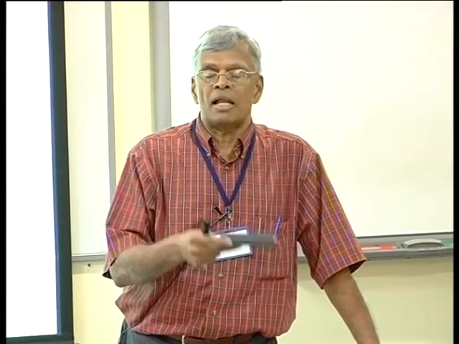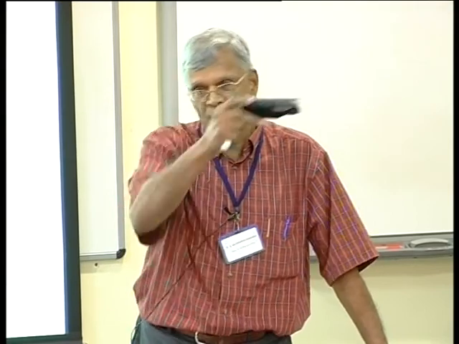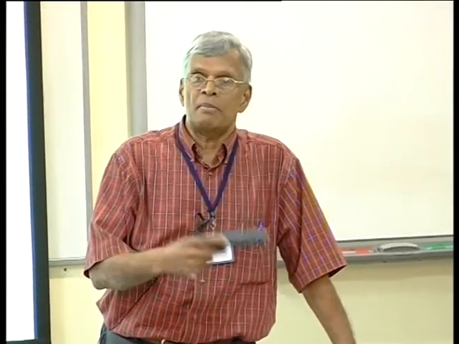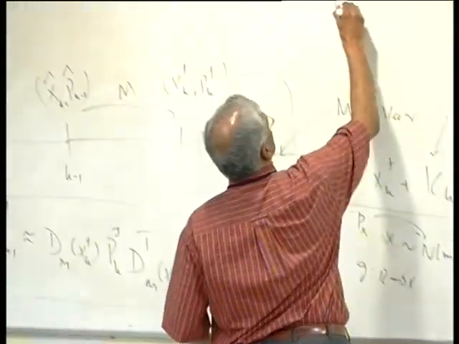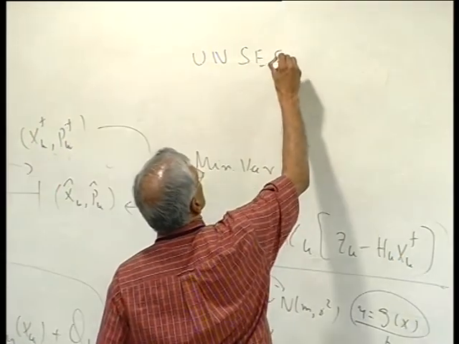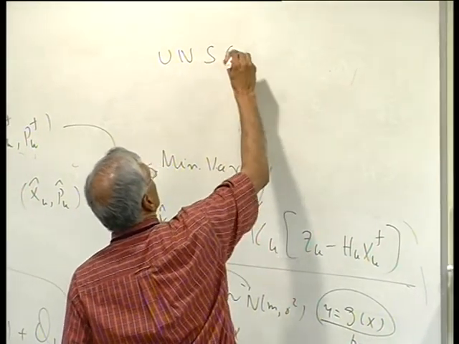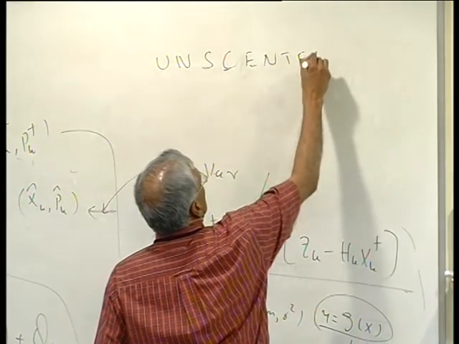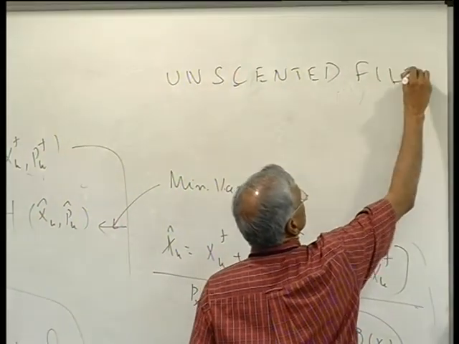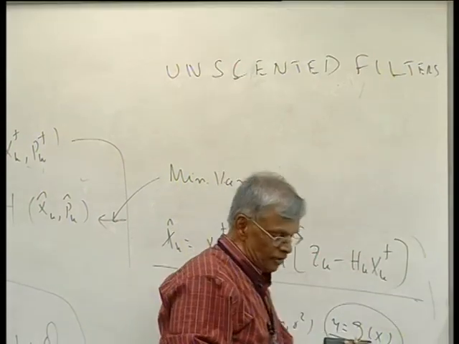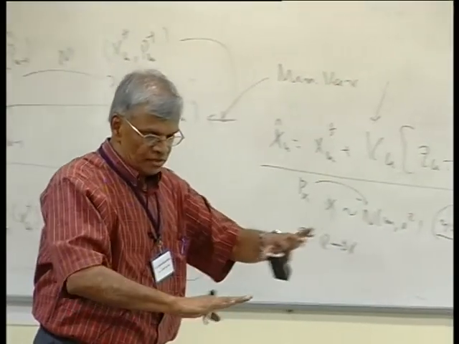So the ensemble Kalman came in the 90s. I'm talking about historically. So there are competing ideas, particle filters. There is also another ensemble approximation called unscented filters. Unscented filters is a careful approximation of the ensemble.